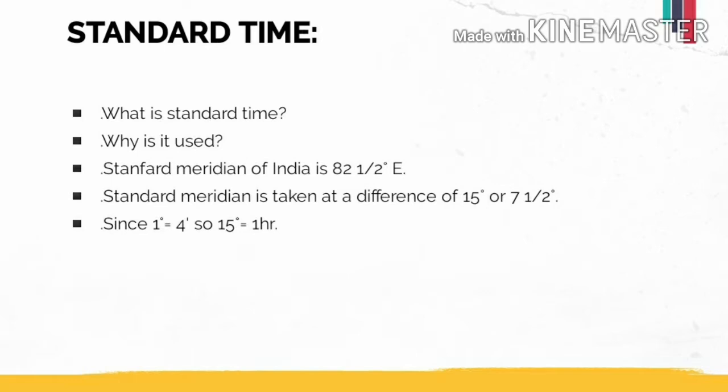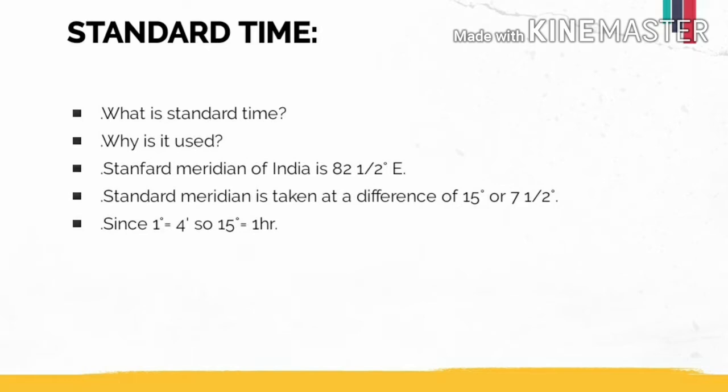1 degree equals 4 minutes, or 15 degrees equals 1 hour. If 1 degree equals 4 minutes, then 4 into 15 is 60, and 60 minutes means 1 hour. That way 15 degrees will be 1 hour, and 7.5 degrees will be half an hour.